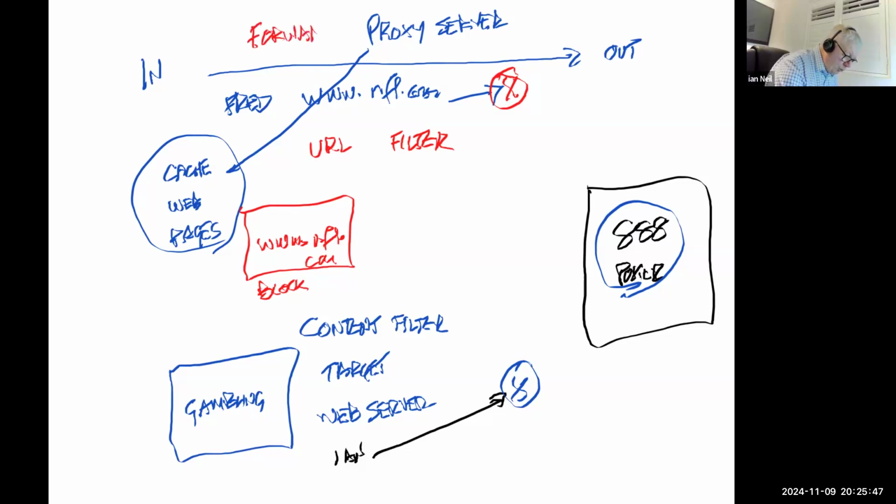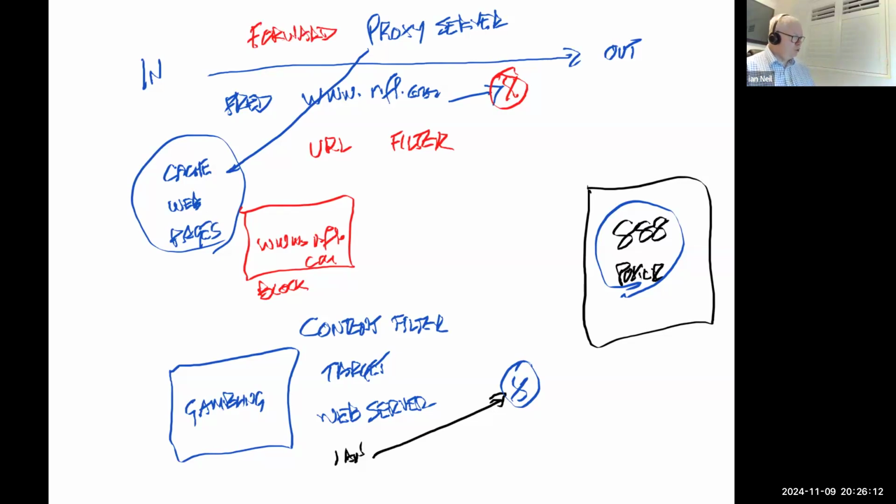But what we've also got is another proxy, and it is known as a reverse proxy. Now, if I've got my car in drive, if it's automatic, I'm going forwards. What happens when I put my car into reverse? My car goes backwards.